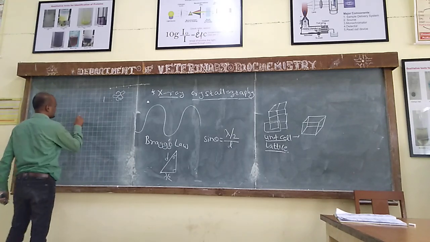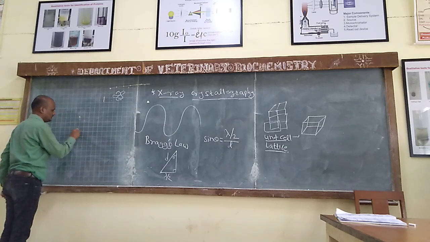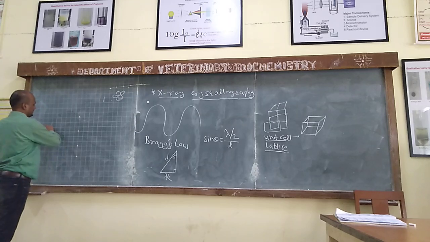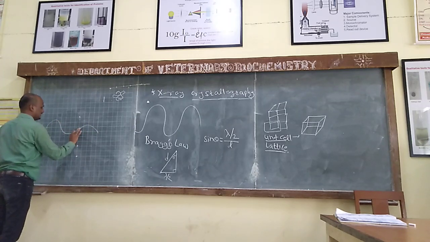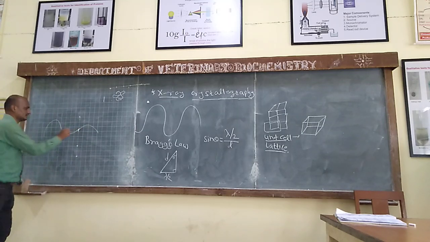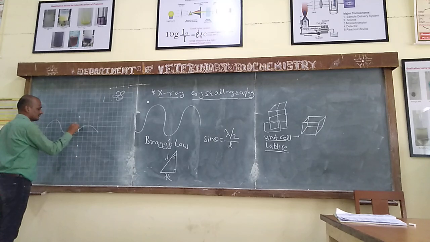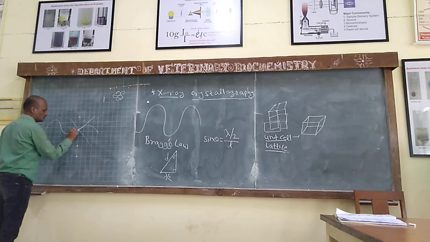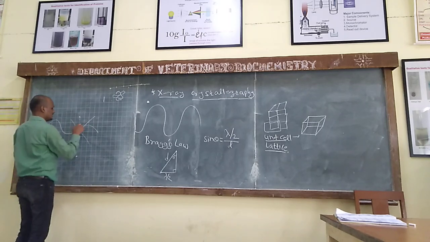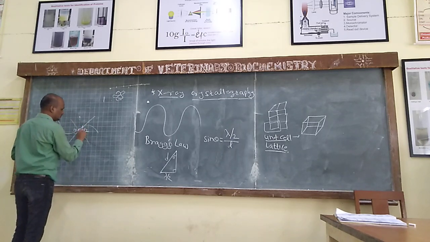Whenever light is passing through these points, point 1, 2, 3, 4, whenever light is passing through this point, then this distance is lambda by 2, and the other distance at the diffracted position is also lambda by 2.